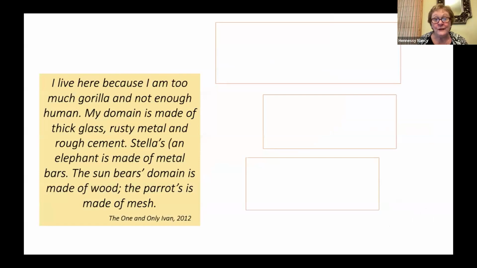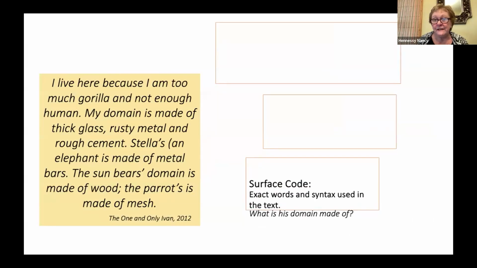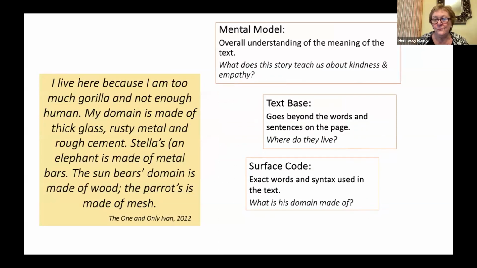All right, so in line with that, just a few things that I put together for you. And of course, this is explained within the chapter itself. So yes, exact words, syntax used in the text, all right? And if I were reading from The One and Only Ivan, I know this is one of Aviva's favorites, and I would just read this very brief excerpt from the book.